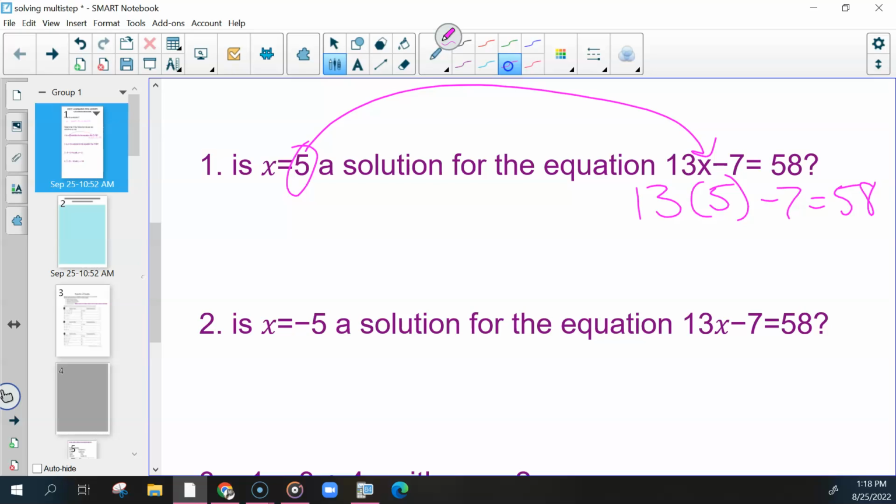So 13 times 5 would give us, you can say this out loud. 65. And 65 minus 7, would that give us 58? Because we get 58 equals 58, we end up with something that is a true statement. Anytime you end up with a true statement, we can say, yes, this is a solution.